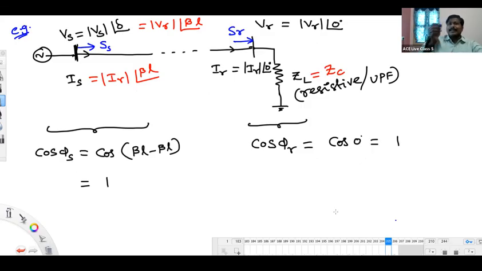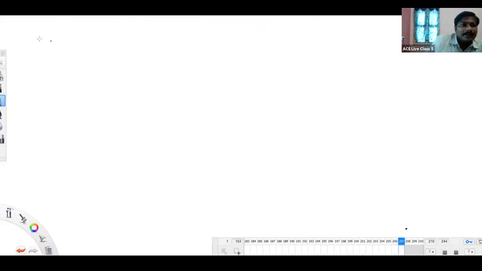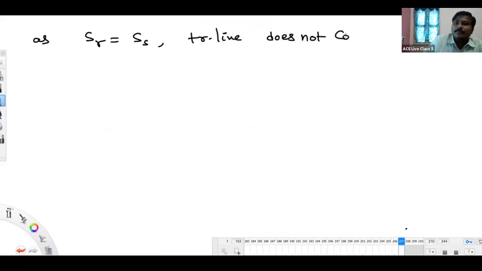See, actually, we said the line is a lossless line, so it won't consume any real power. That's okay. But the speciality here is that it won't consume any reactive power either. So in this situation, let me write SR equals SS. The transmission line does not consume any complex power.